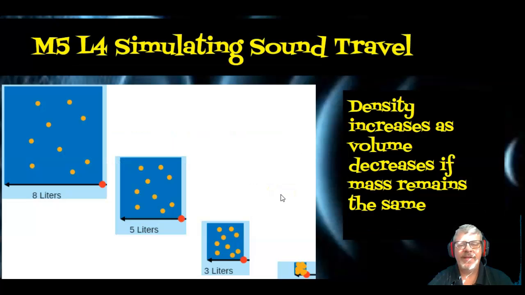The next thing they talk about is they try to explain density using these boxes. Each one of these boxes has the exact same number of dots. There's 9 dots in each one, and the dots stay the same size. But they reduce the size of the container, because when you talk about density, you're trying to relate the mass, the amount of matter, in a unit volume.